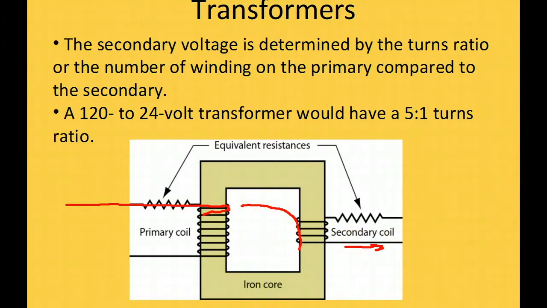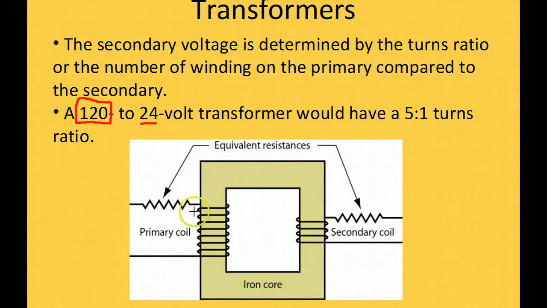Now the reason that we have a transformer, though, is we can't use and don't want to use 120 volts as control voltage for our HVAC equipment, and it's much easier and takes much smaller power requirements and much less expensive controls if we can step it down to 24 volts.